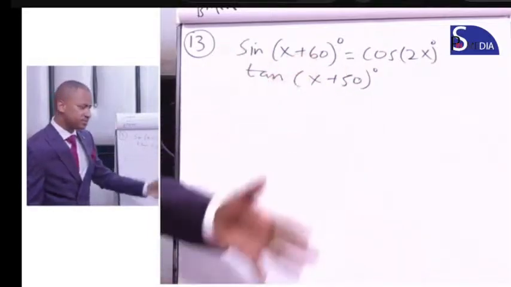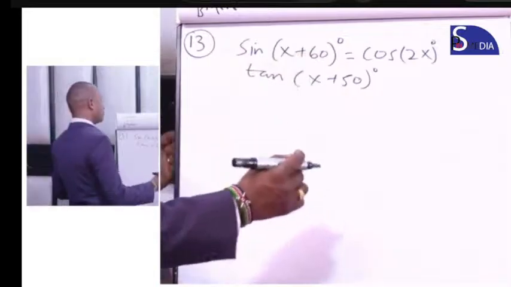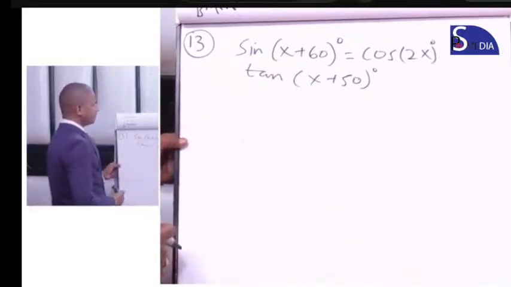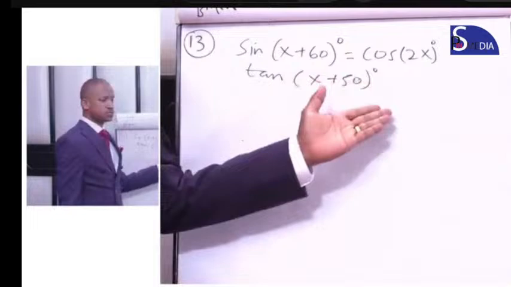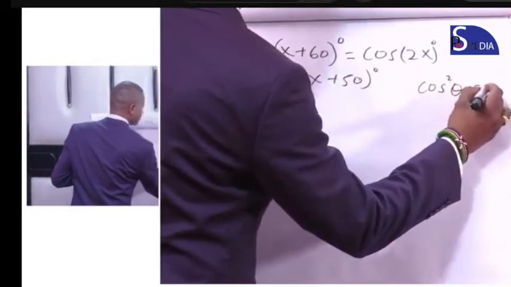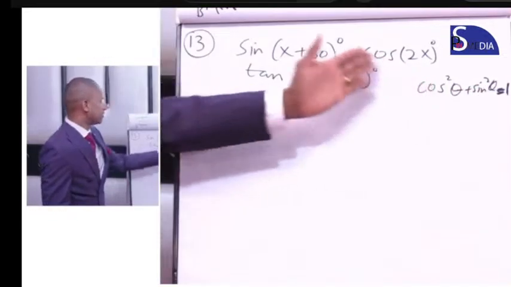Now, number one rule, we are going to use the identity triangles. We have the rules for trigonometry, like sine squared theta plus cos squared theta equals 1, but we are not going to apply it here.